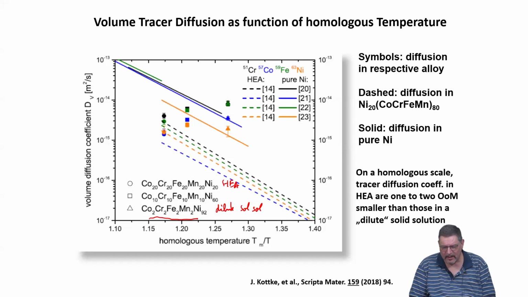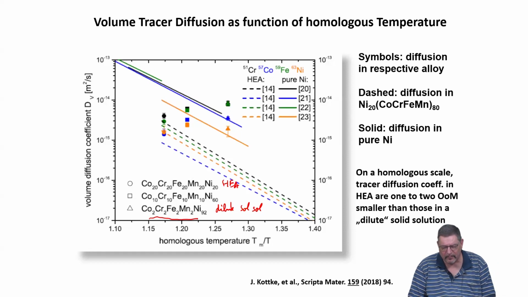And we basically have these symbols for the diffusion of the respective alloys. We have then as the dashed line diffusion in this Cantor system, and solid is the comparison of diffusion in pure nickel. Because there we have full temperature dependencies, which we do not have for all the alloys in between.